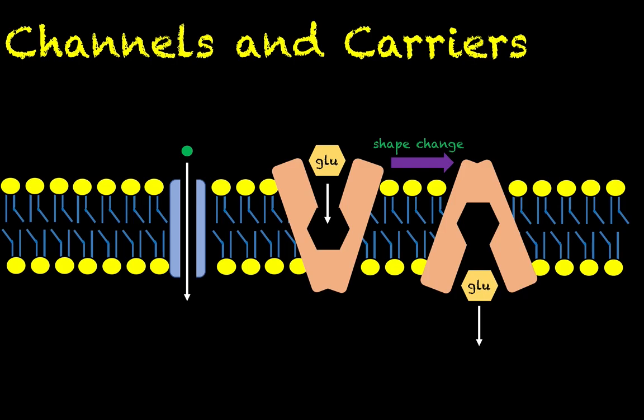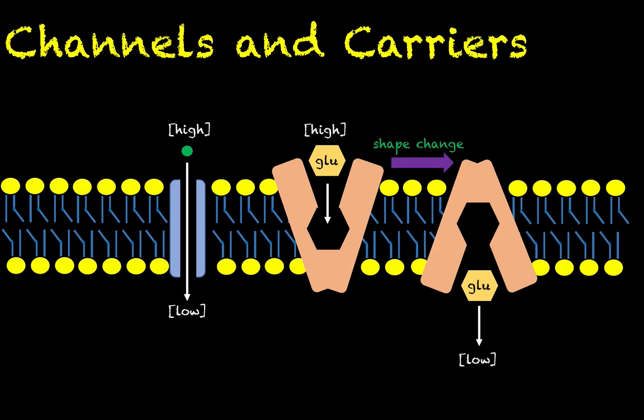Now, this is probably going to seem a little bit different compared to the simple diffusion that we saw before, where molecules move freely through the membrane, but really there's not that much different here. In both cases, you have a solute moving from an area of high concentration to an area of low concentration, both for the channel and for the carrier.